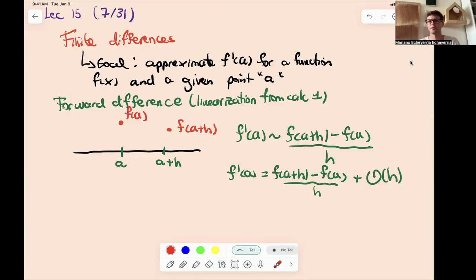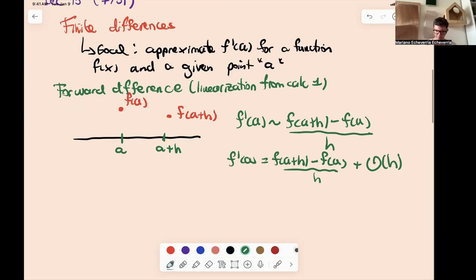And then another one that I mentioned towards the end of yesterday's class is called the central difference approximation, or centered approximation.